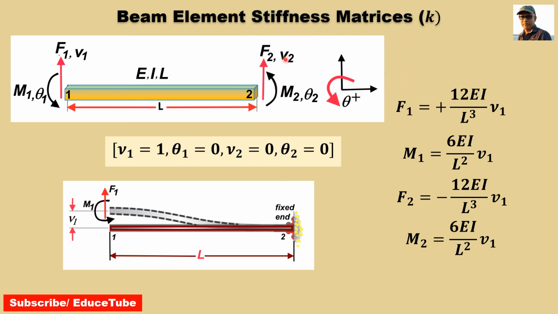Now let's move. Now we took ν1 equal to 1. Next we have to assume θ1 equal to 1.